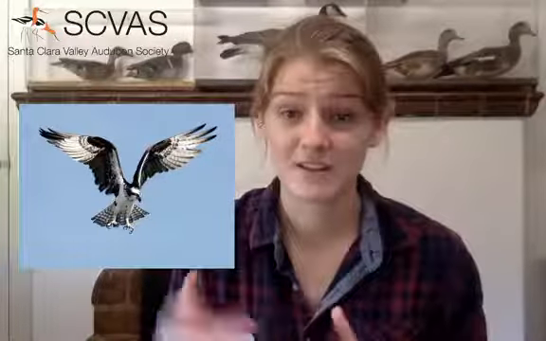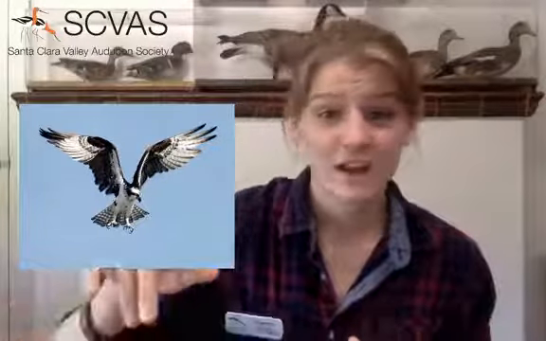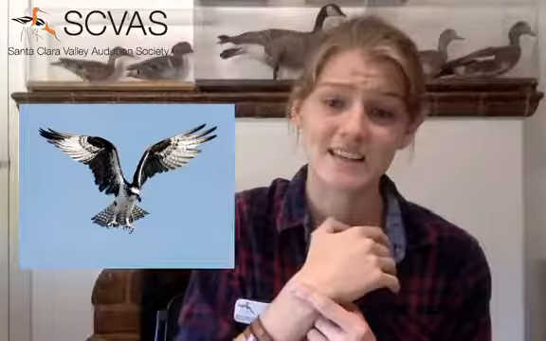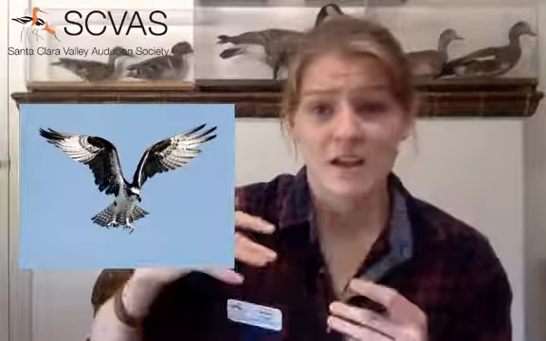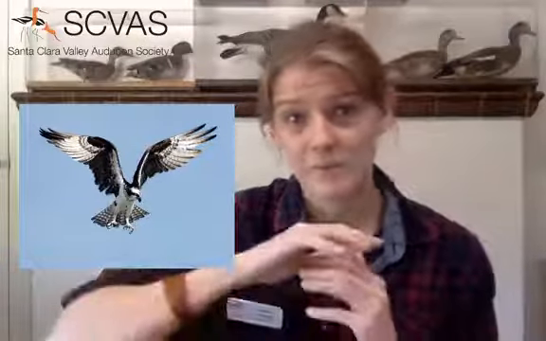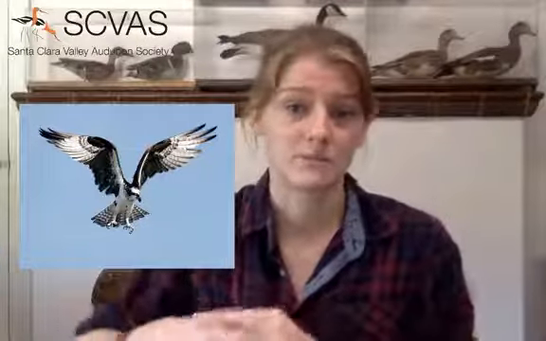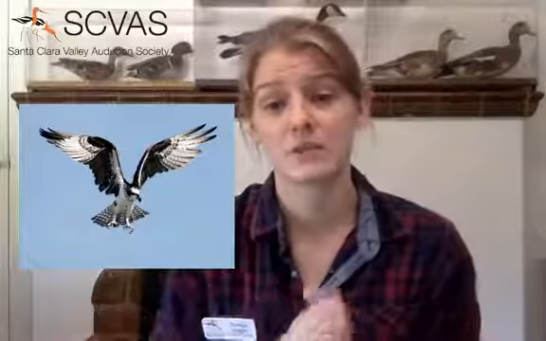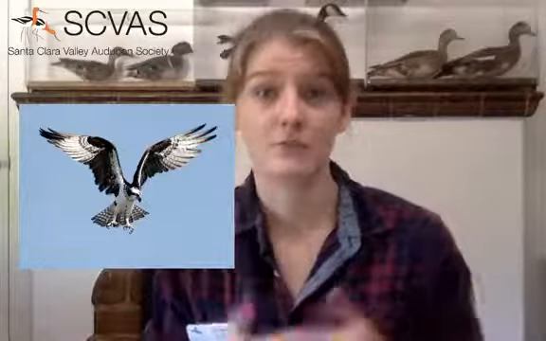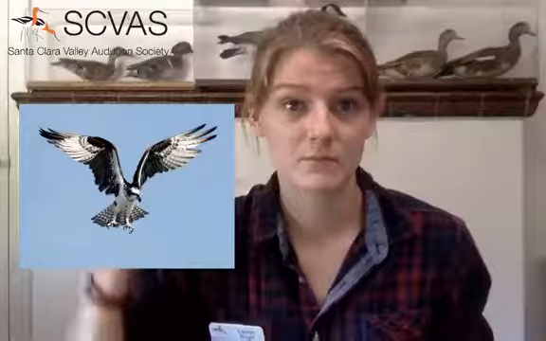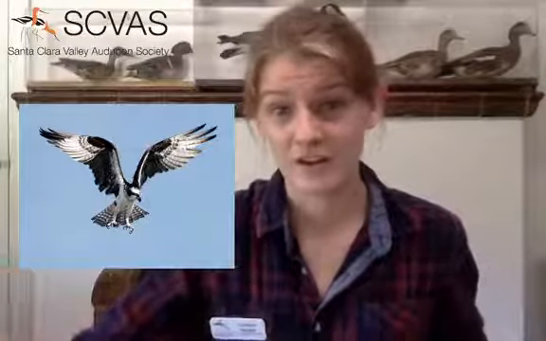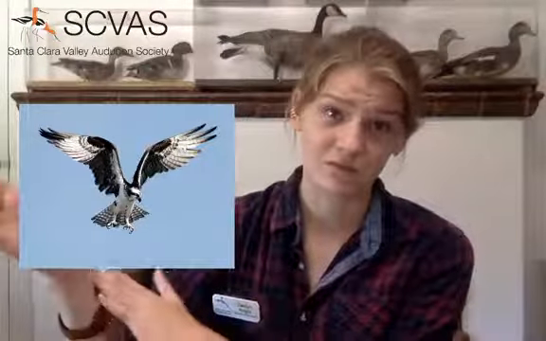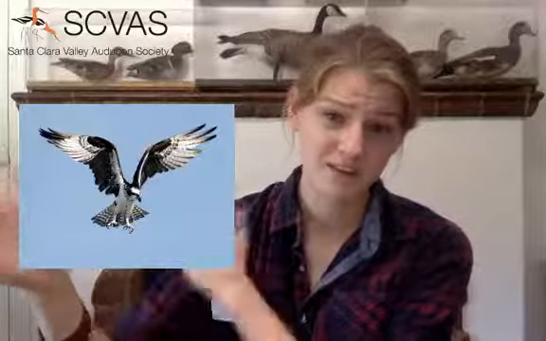Going back to the field marks and the wings in particular, you'll notice at the bend of these wings, essentially where the wrist is on this bird's arms, is dark. Now, there are dark patches on the wings of pretty much all of our raptors, but the location of them is a really important field mark to pay attention to. A really reliable mark for, say for example, our red-tailed hawk, is that the patagium, so the skin that stretches basically from the shoulder to the wrist on the bird, is dark.